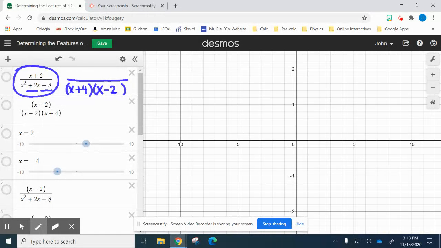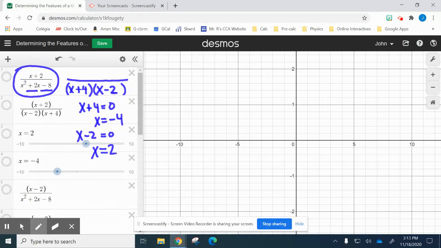So if I have x plus 4 and that equals 0, what does x equal when this expression evaluates to 0? You can see that x equals -4. And if you have x minus 2 and you want to know where that equals 0, add 2 to both sides. You can see that that's at x equals 2. So the denominator is going to be 0 at x equals -4 or x equals 2.